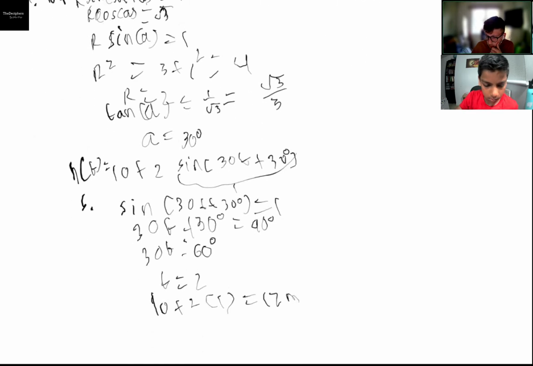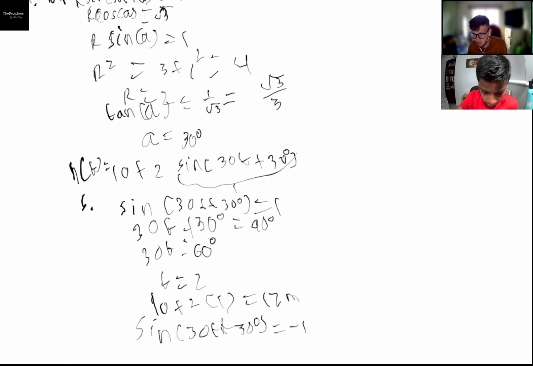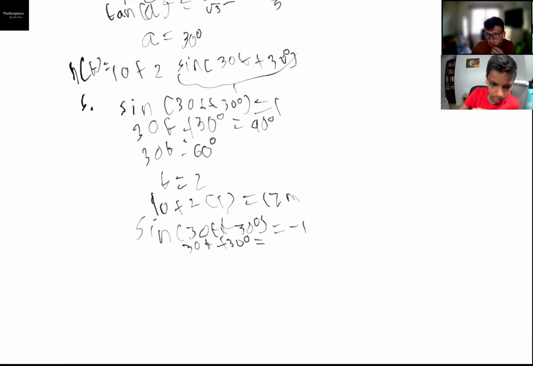And then we do something similar to find the low tide. For the low tide it's just minus 1. So sine of 30t plus 30 degrees is minus 1, and that's 270.